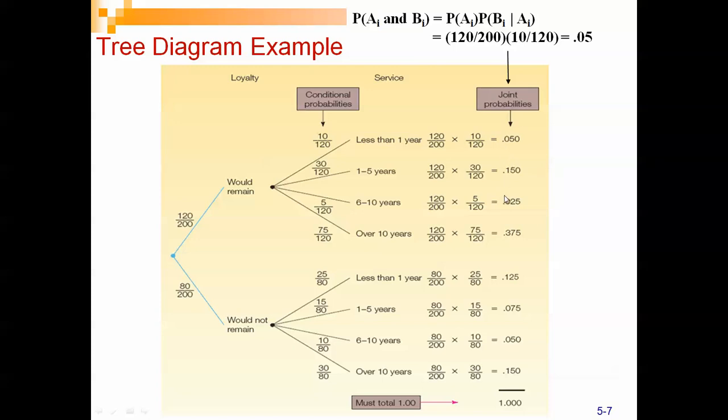So the probability of randomly selecting an executive who would remain with the company and who has less than 1 year of service is 0.05. And you can do the same steps for any of the other joint probabilities that we're searching for.